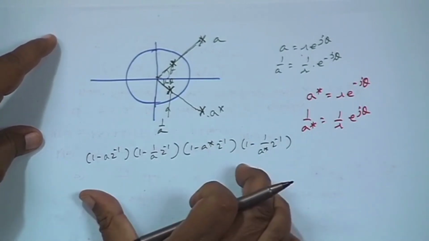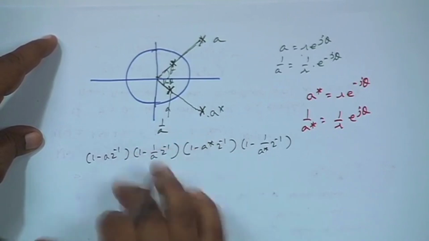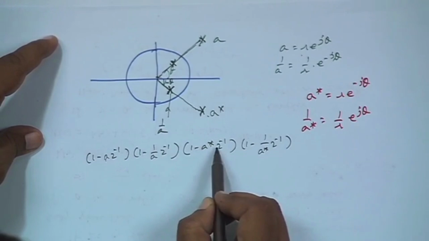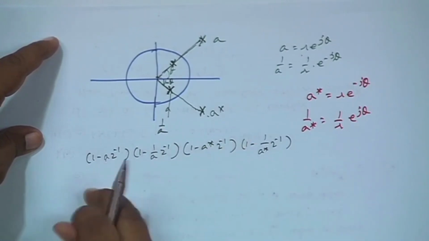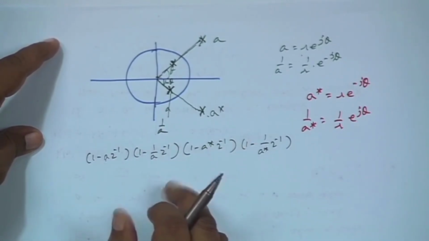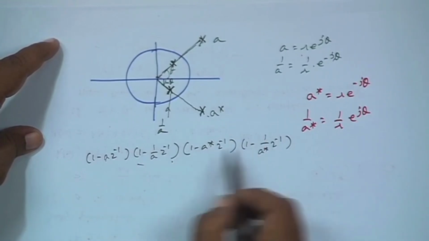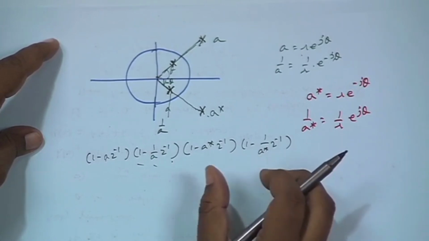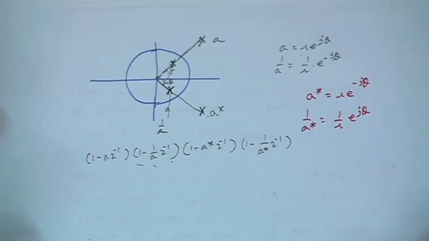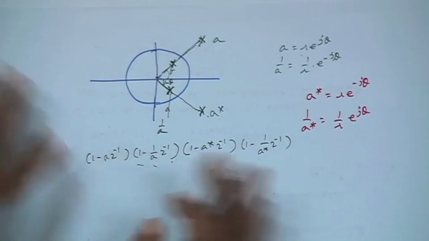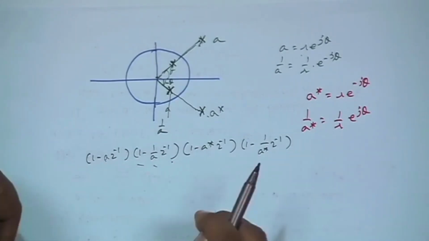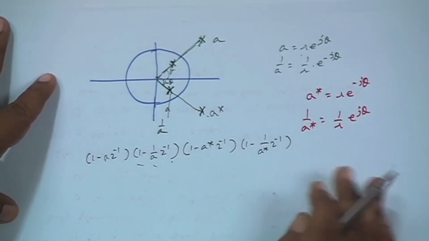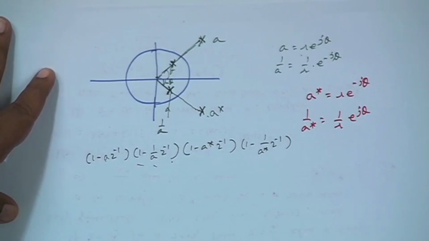Obviously, if you multiply them, coefficients will be real, because if there is one root at a, there is one root at a star. So if you multiply them, you will have a second order polynomial with real coefficients. Likewise 1 by a, 1 by a star: 1 by a's conjugate is 1 by a star. Multiplying these two, you again have a second order polynomial with real coefficients, and then multiplying the two real second order polynomials, you get a fourth order polynomial with real coefficients. So the product will be guaranteed to have real coefficients, that is done.